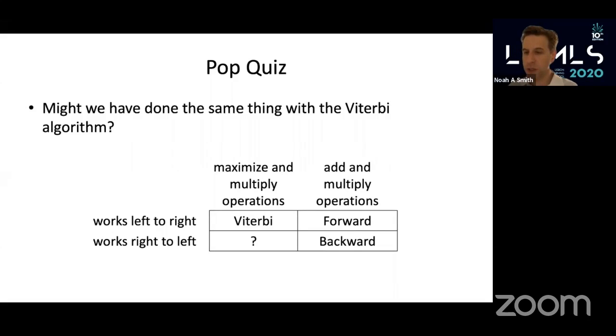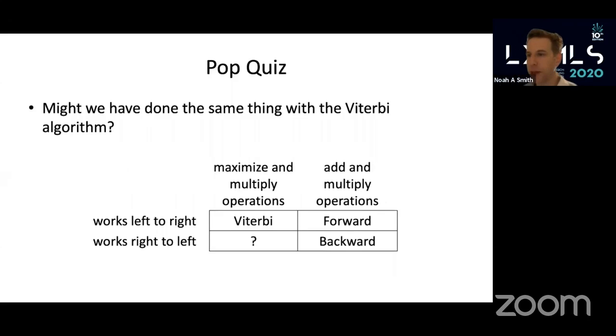Continuing the analogy to Viterbi, which is really the same, just using a max instead of a plus operation, could we have an algorithm that goes from the right to the left and uses the max operator, and would it give us the same solution as the Viterbi algorithm? Would it give us the most probable label sequence for the words?